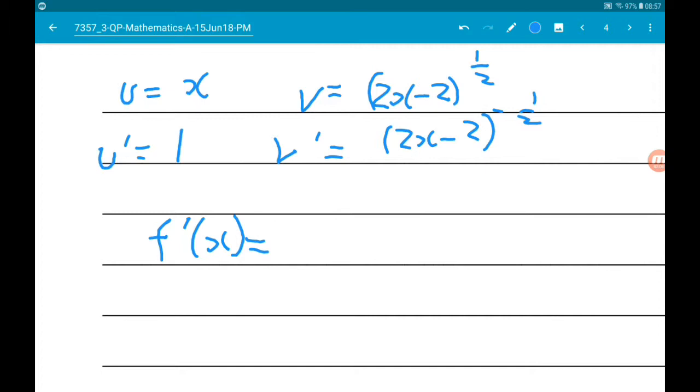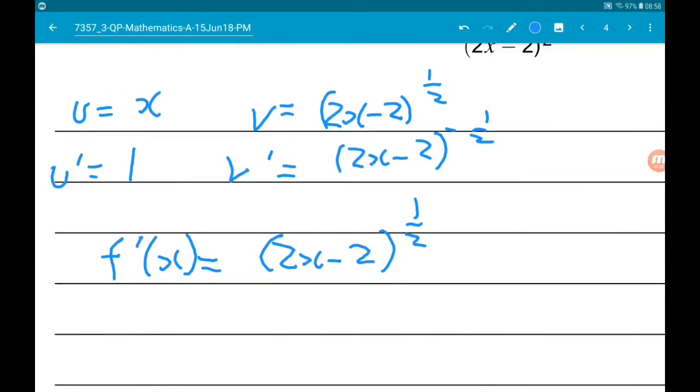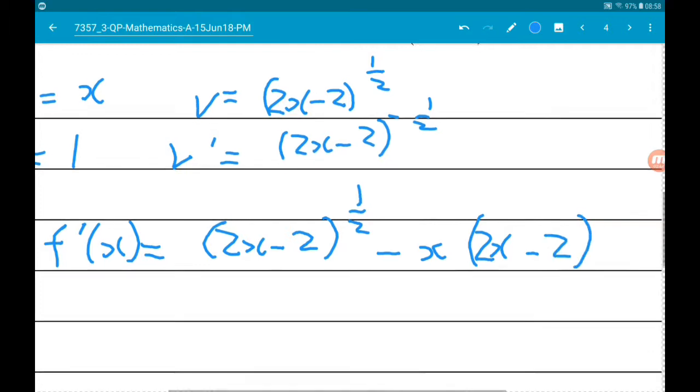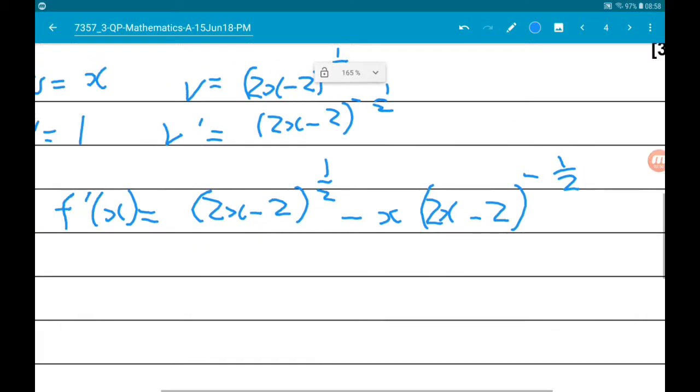So it's going to be 1 times 2x minus 2 to the power of a half, minus u times v dash, so minus x times 2x minus 2 to the minus 1/2, all over v squared.